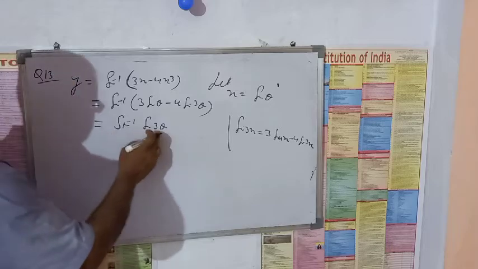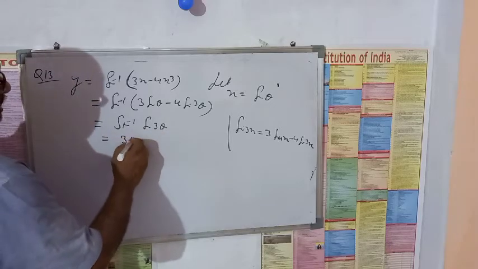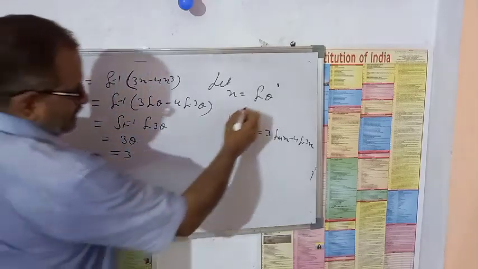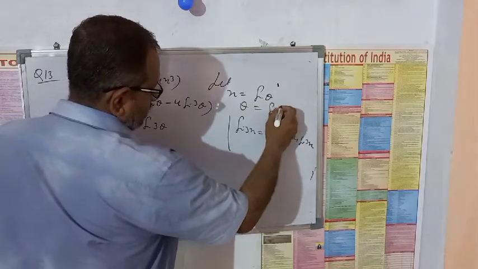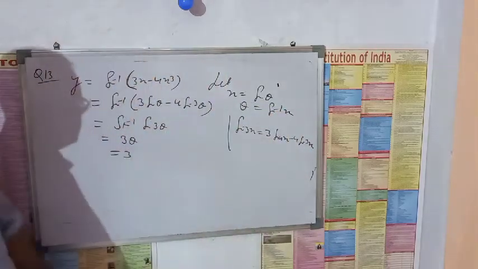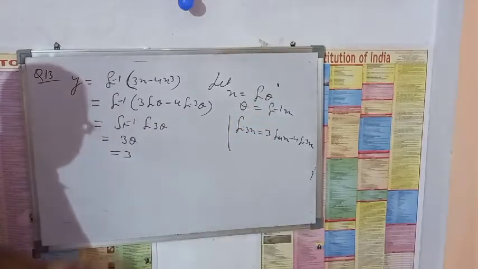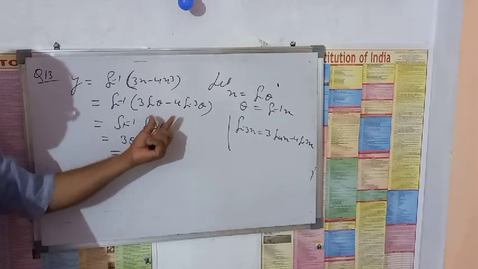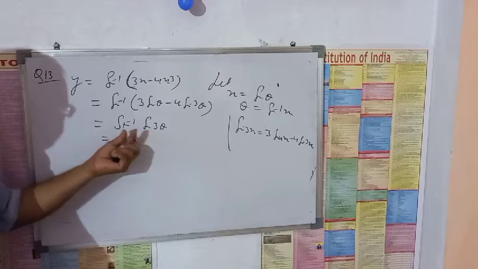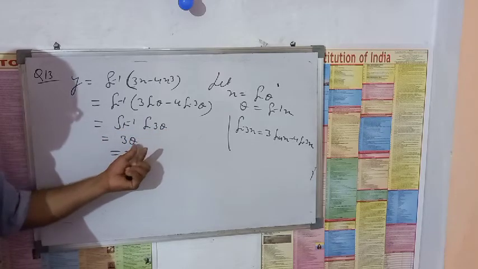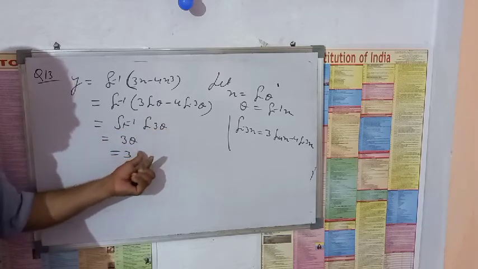So sine inverse sine 3 theta will be 3 theta. Put the value of theta. Theta is what? X is equal to sine theta, so theta is sine inverse x. We know that sine inverse sine x is equal to x, so sine inverse sine 3 theta is equal to 3 theta.